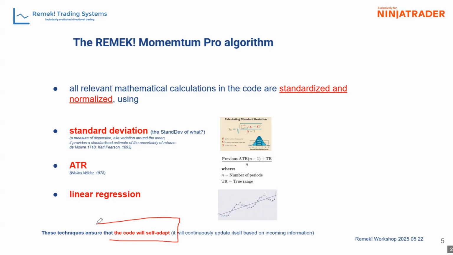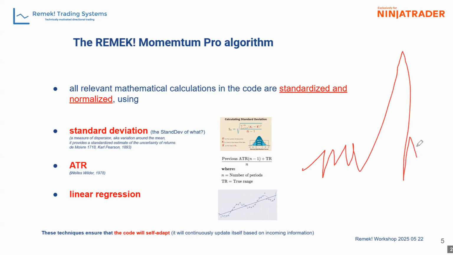Also, one big feature, because of these, the code will self-adapt. That's what I just mentioned, that if you change the instrument, or if you change the time frame, or if you just trade the same instrument over time, if you just put on any indicator, like just a simple ATR on an ES chart, you'll see that the ATR will not be a flat line. Volatility changes sometimes dramatically.